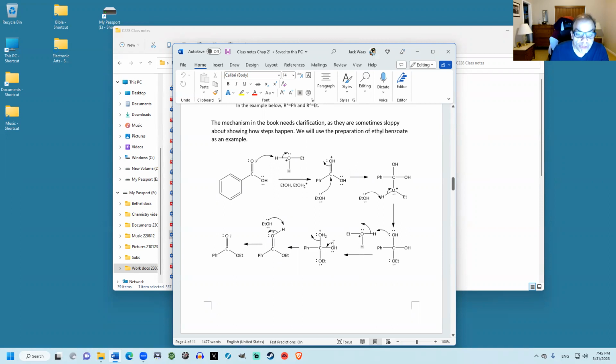And so the OH oxygen electrons push in, kick out water as a leaving group, and we get this intermediate. And then last but not least, we just show ethanol, which is our given solvent, pulling off the proton and the oxygen to give us the product.